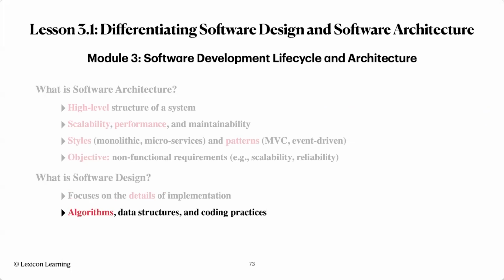The scope of the design is the component or a specific module, focusing on internal logic of that component. And the objective is to implement functional requirements effectively and maintain code quality.